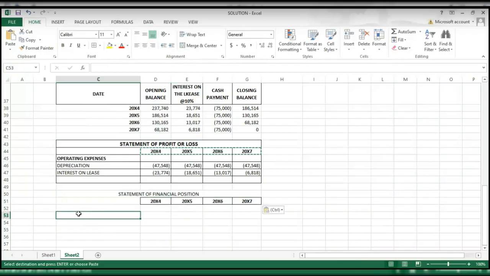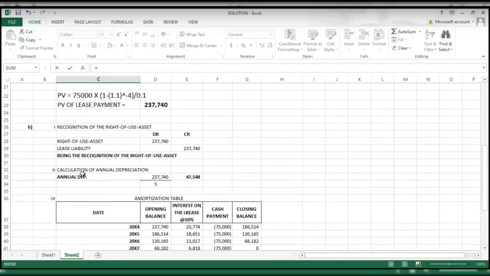The first thing to calculate is for the non-current asset. Under non-current assets, we are going to be having the right of use asset, which is what we have up here.